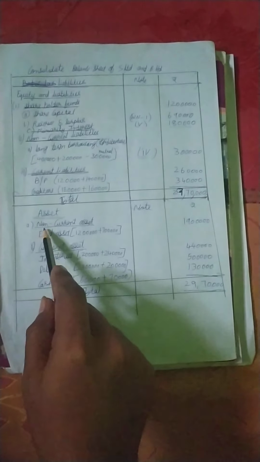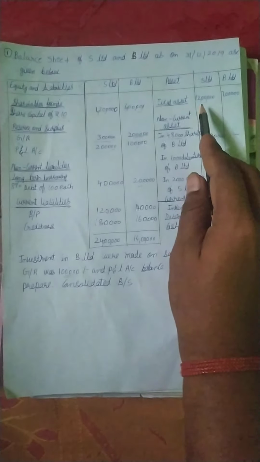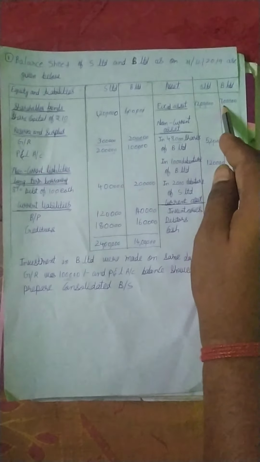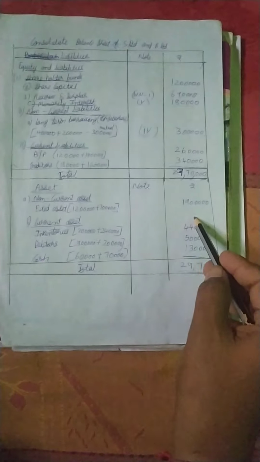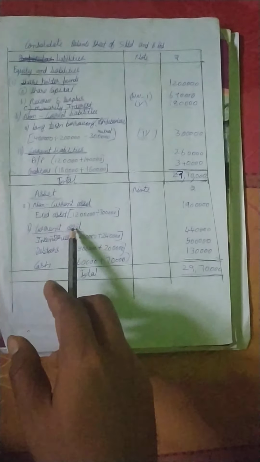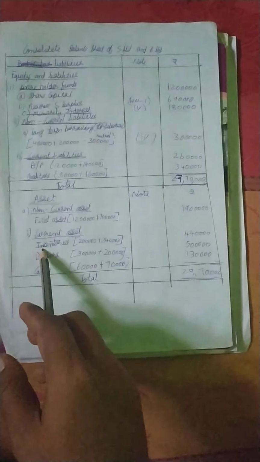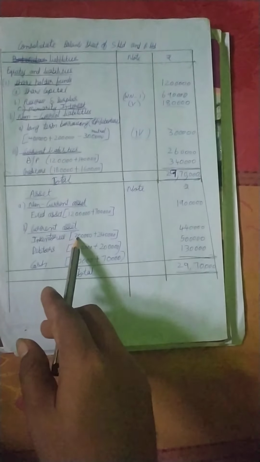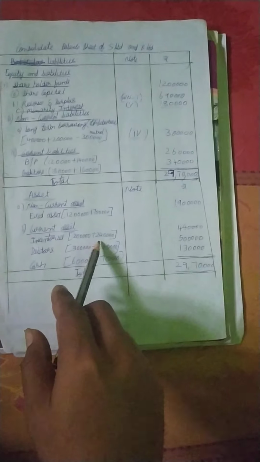Next, assets we should balance against the liabilities. As you know, fixed assets do not change: 12 lakhs plus 7 lakhs is equal to 19 lakhs, as we have shown. And next, the current assets. Inventory is 2 lakhs plus 2 lakhs 40,000.